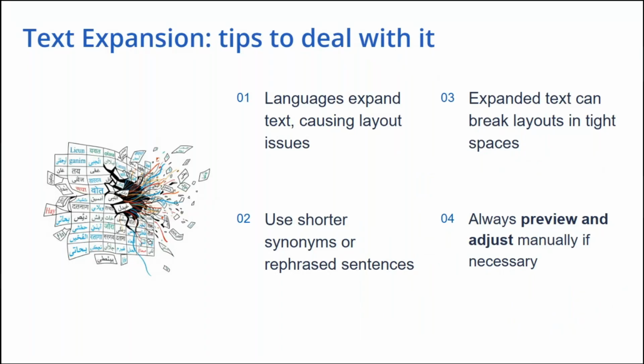And I wanted to talk about this a little because text expansion is something that usually happens when we translate from, for example, English or German into Spanish, where you will have more text in the final translation, around 25 to 35% more characters and words.